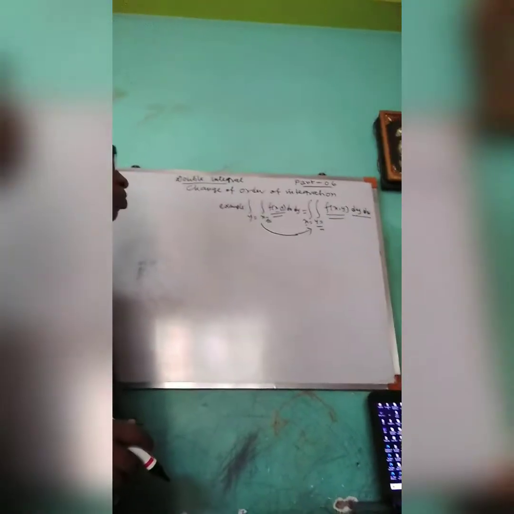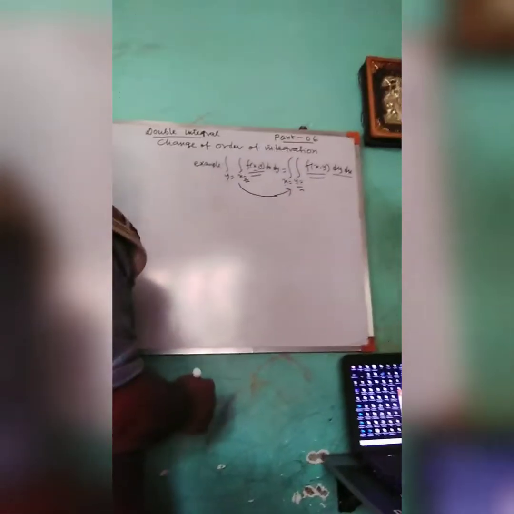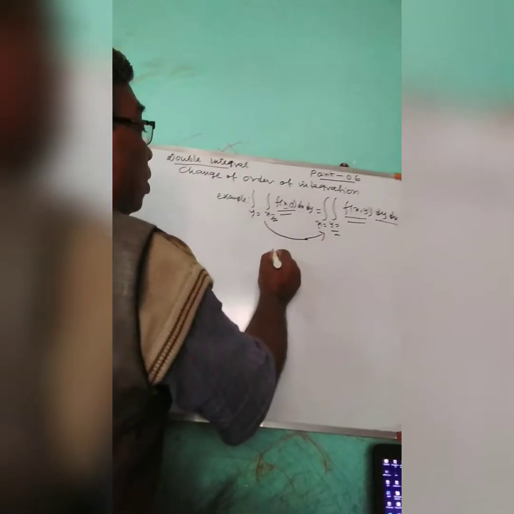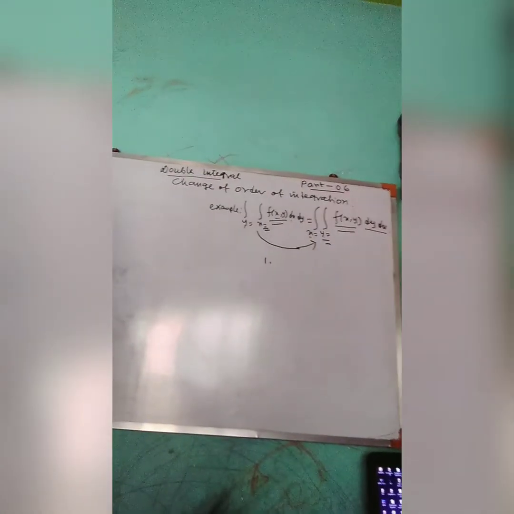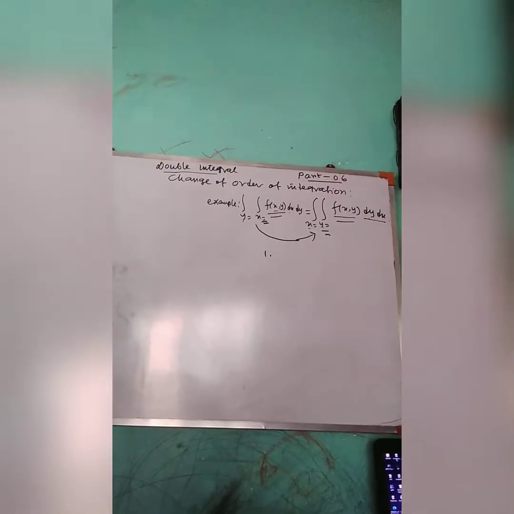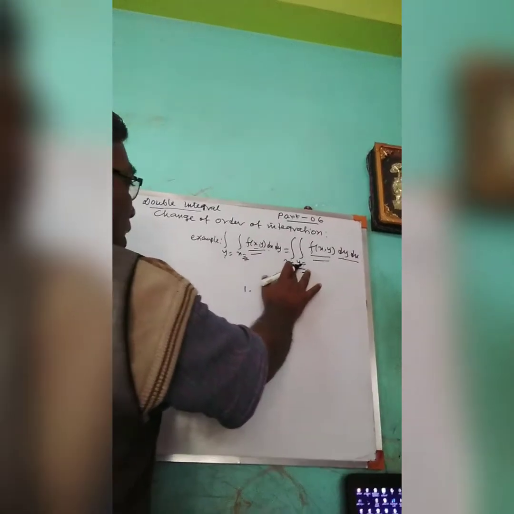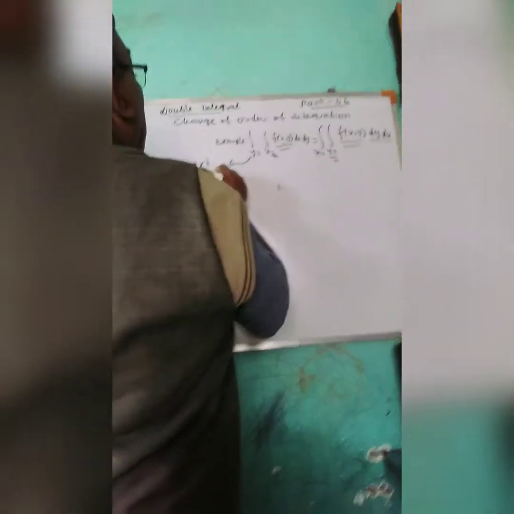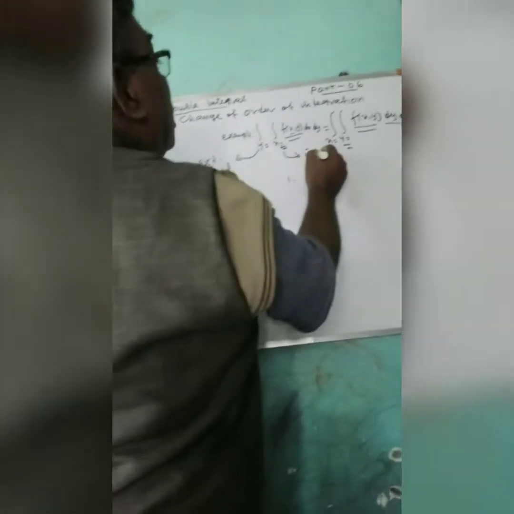Before starting the change of order of integration, I have to say two things that you must remember. This is very important. This is called the external limit, and this is called the internal limit.